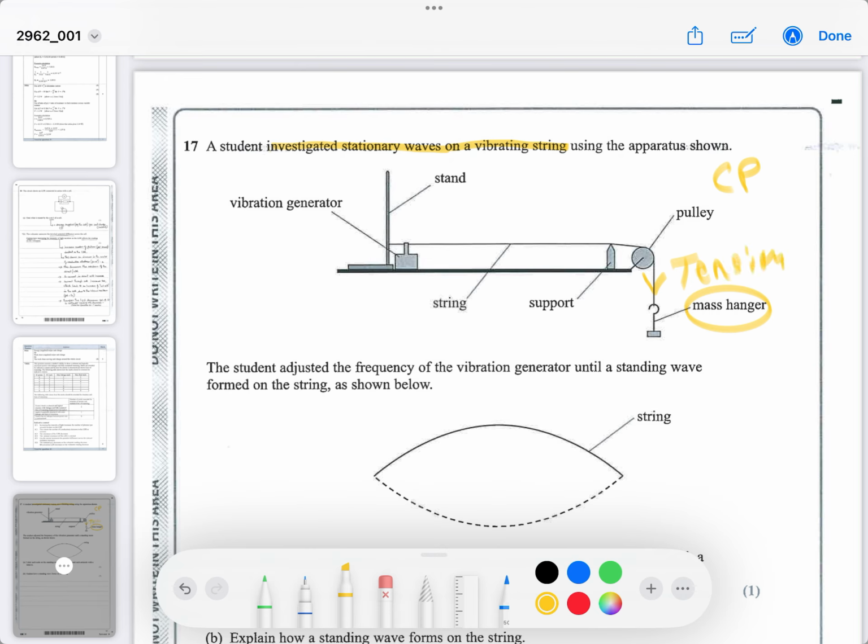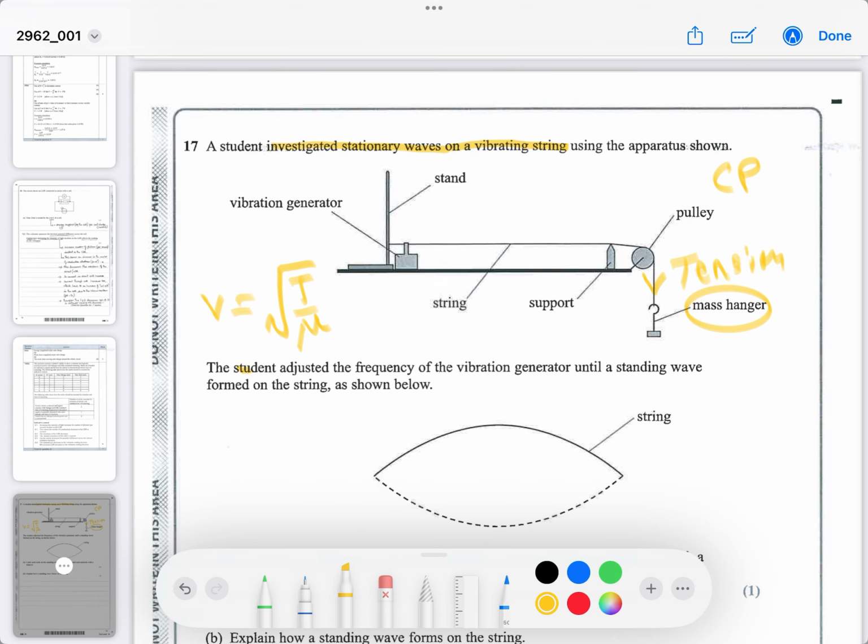The velocity of waves on a string is directly proportional to the square root of tension divided by the mass per unit length of the string. That's what the Greek letter mu stands for.